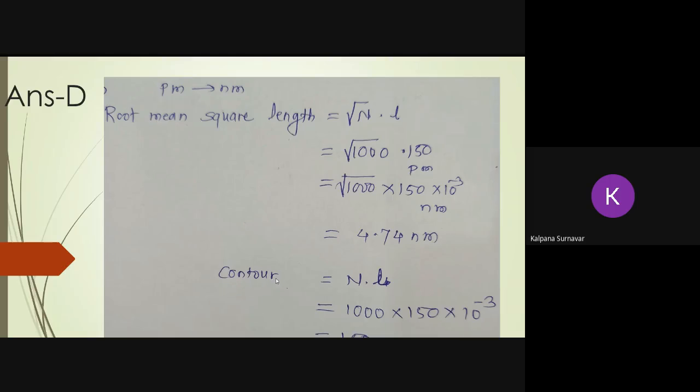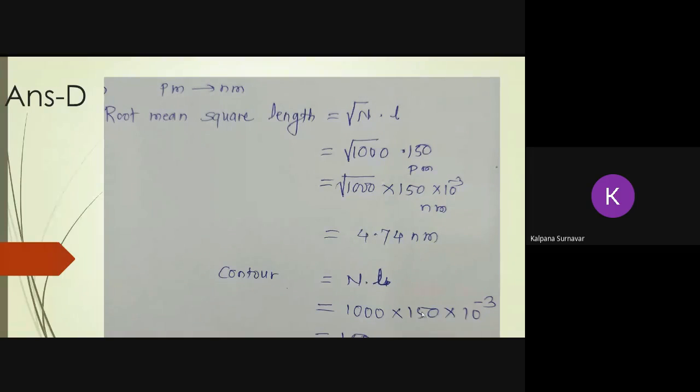And we have to calculate the contour for this polymer. The contour is calculated by multiplying the terms given in the problem, N into L. N is the number of the polymer units, and L means the length of the coiled polymer. Here N is equal to 1000 into 150. Sorry, here 10 raised to minus 3 is written by mistake.